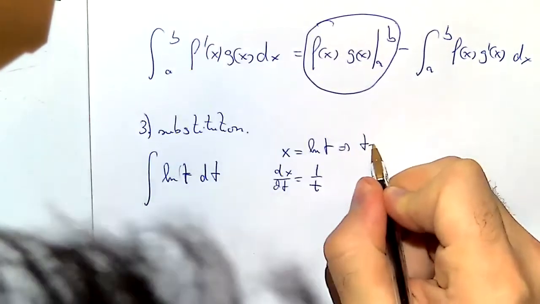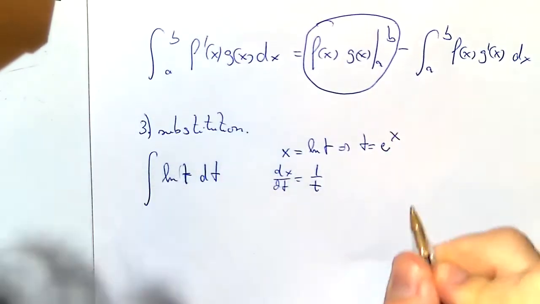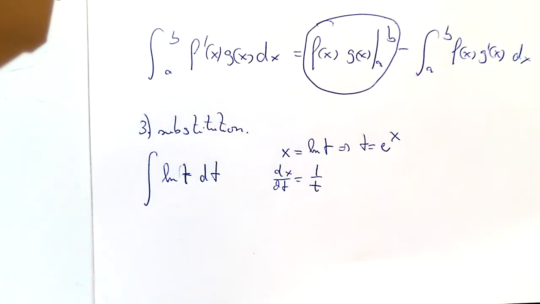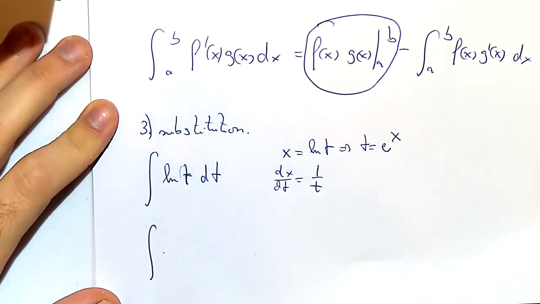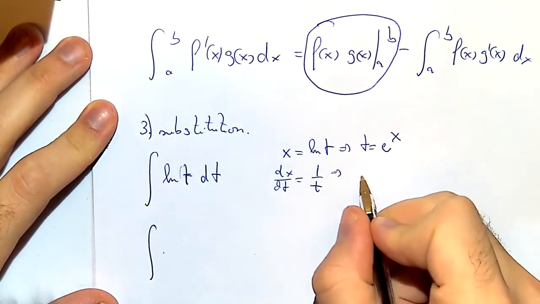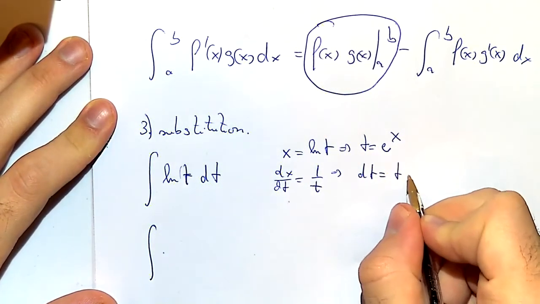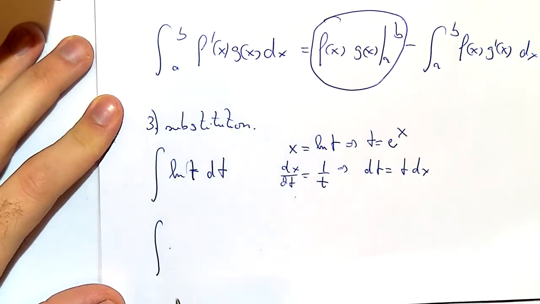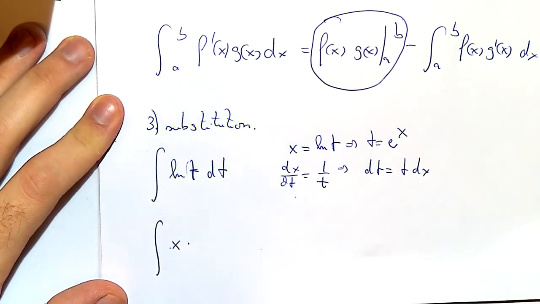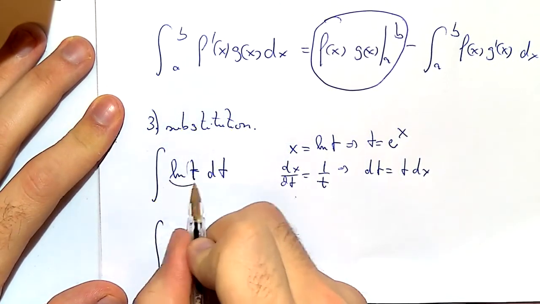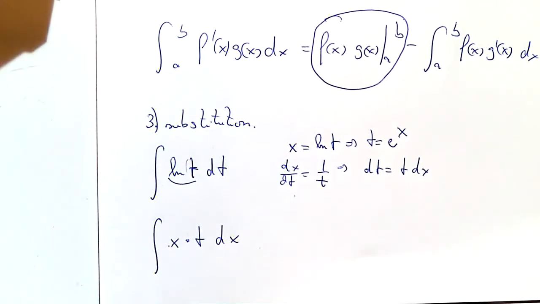From here, you'd have t is equal to e to the x, you know the solution by now. And I'm trying not to dive into this because this is not my point. My point is that most of you just wrote stuff like dt. From here, you'd have dt is equal to t dx. And most of you just wrote stuff like this is equal to x multiplied by t dx, and you started solving that, okay?